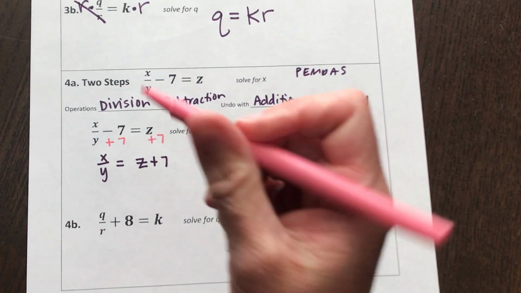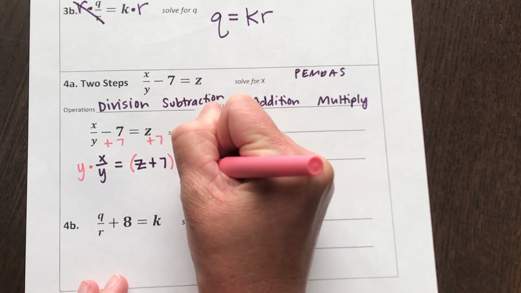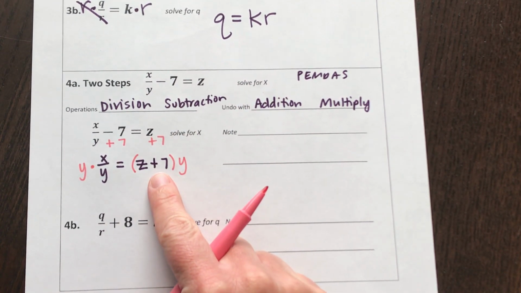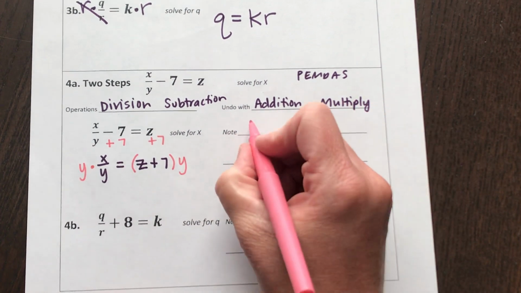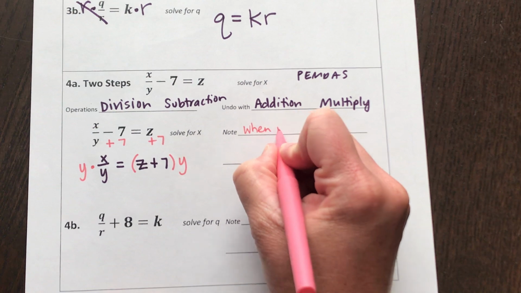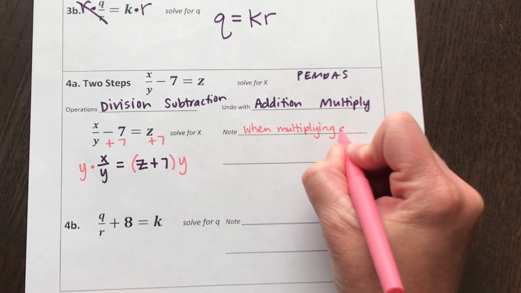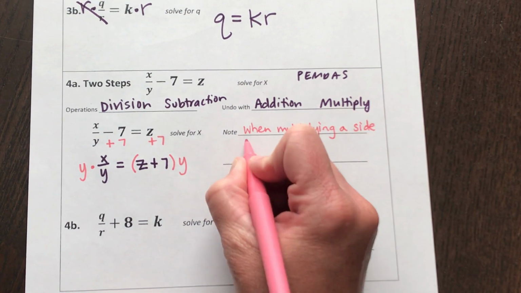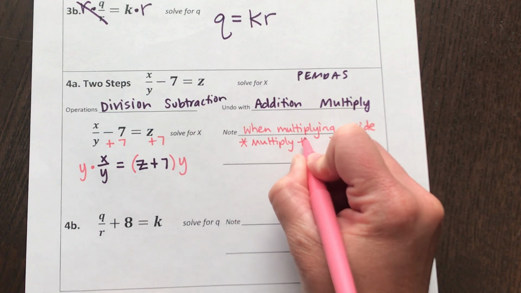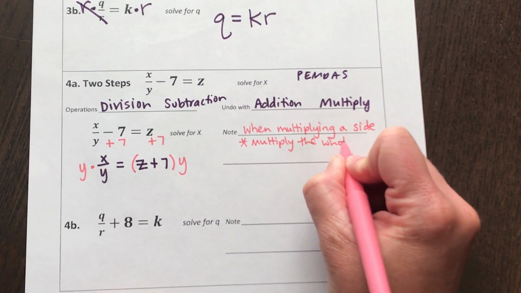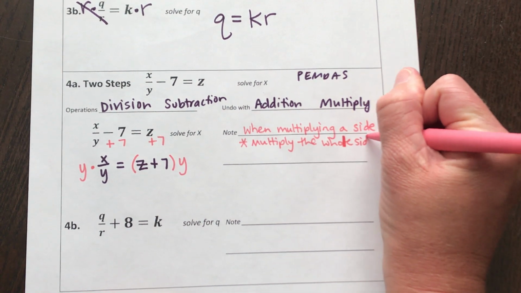Now if I multiply both sides by y, I need to multiply the whole right side by y. Okay, so note, when multiplying a side, multiply the whole side.